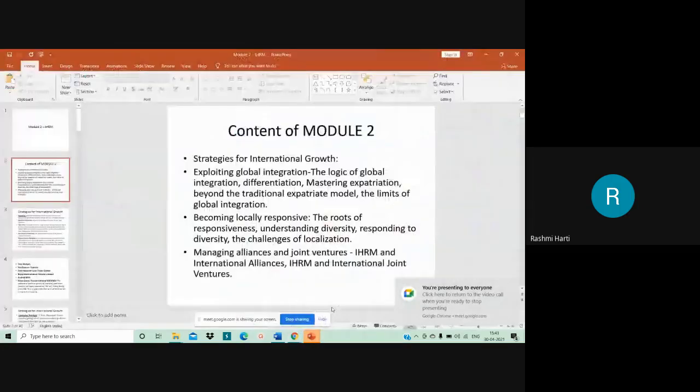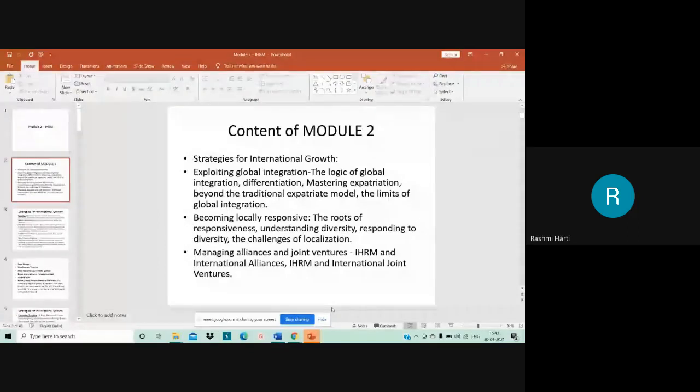And then we have also looked into the need for internationalization of business, why it is required, the need for international expansion, how to control the strategic drivers for global integration. We have also seen the differentiation, then mastering expatriation, and beyond the traditional expatriation, the purpose of expatriation, the diagram also.